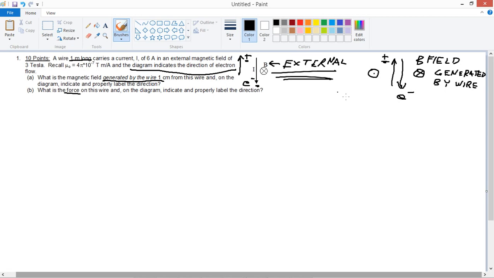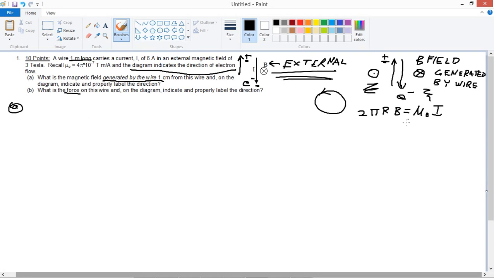Okay, so now, remembering Ampere's law, if you go around a circle, 2 pi times the distance away from the wire times the magnetic field has to equal mu0 times the enclosed current. So we've got the directions.